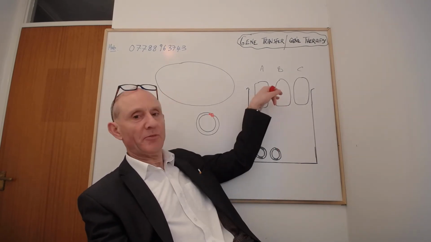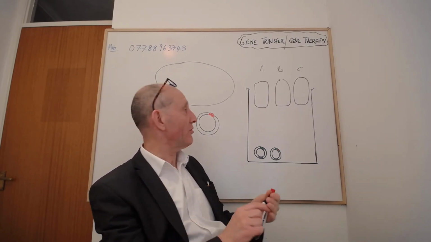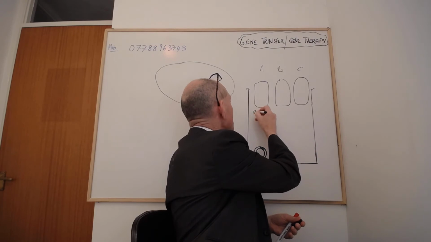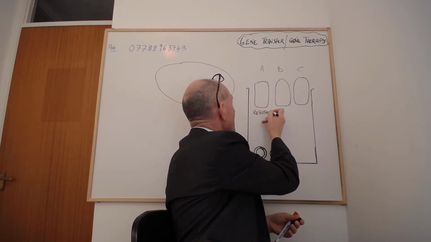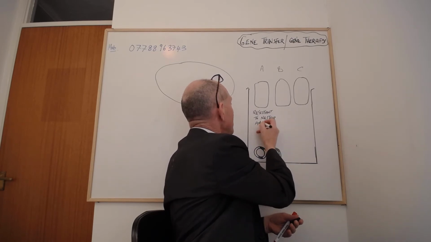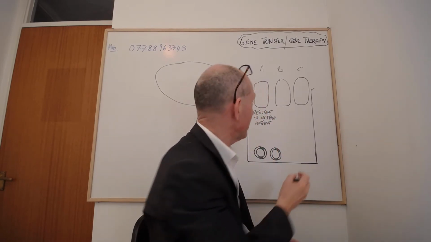So we say bacteria of type A is resistant to neither antibiotic, either streptomycin or tetracycline.